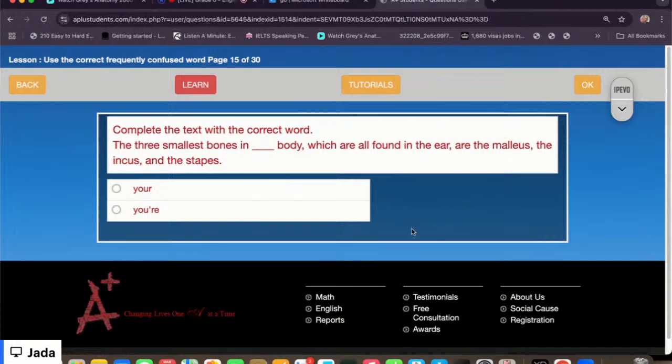So the three smallest bones in dash body, which are all found in the ear: the malleus, the incus, and the stapes. Okay, so the three smallest bones in your body or you're body?